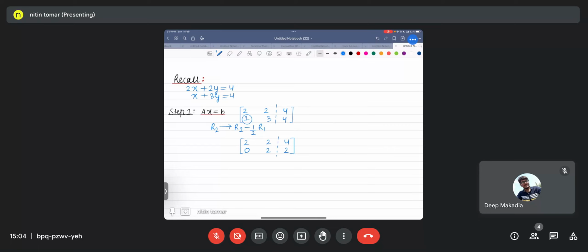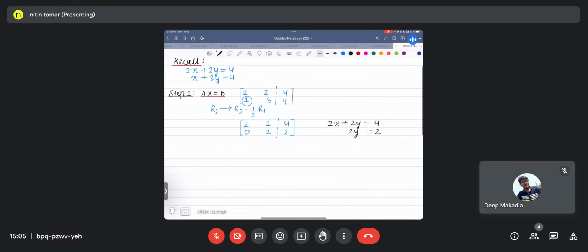And what is the corresponding system? Can I write it as 2x plus 2y equal to 4, and 2y equal to 2, right? Correct.